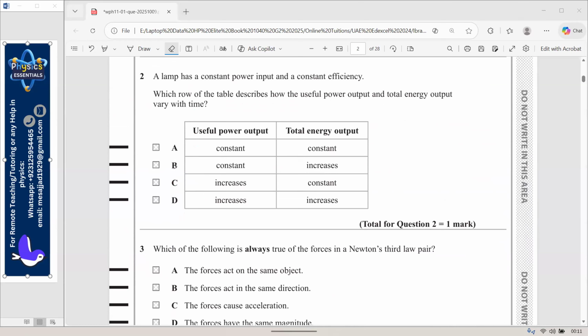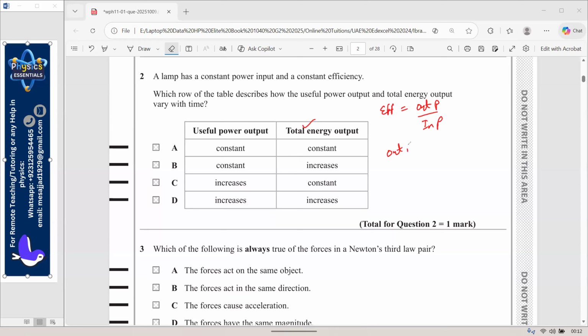A lamp has a constant power input and a constant efficiency. Which row of the table describes how the useful power output and the total energy output vary with time? So first of all, the efficiency formula is output power over input power. And they're talking about total energy output and efficiency.